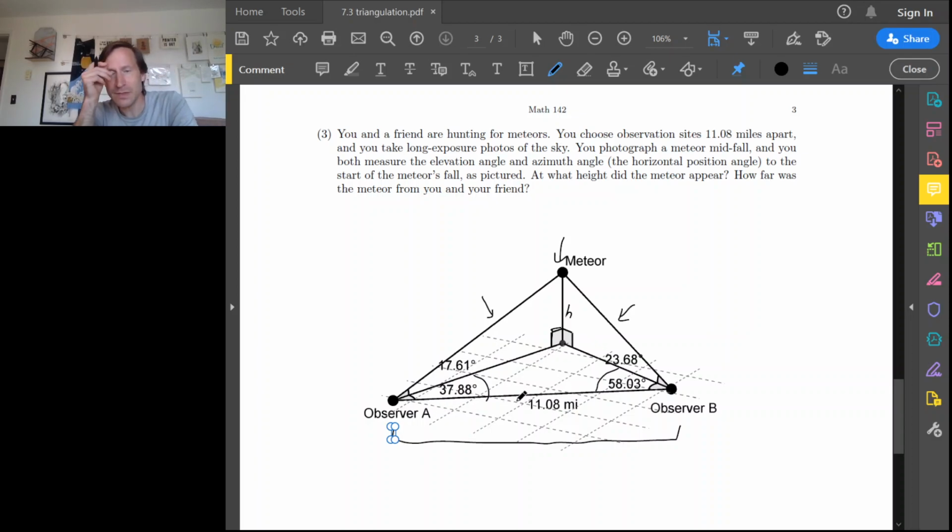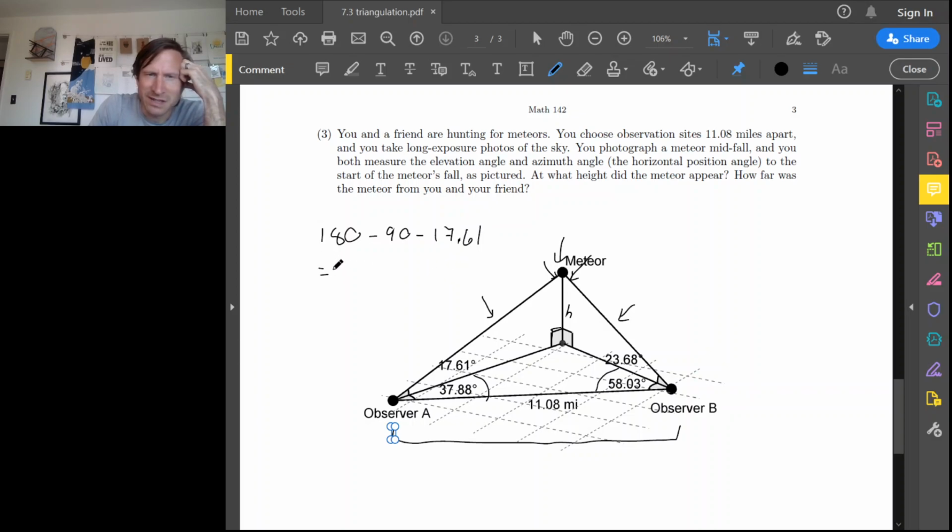Okay, so if you look at the vertical triangles, for each of them we know 2 angles. We know a right angle and then one of the other 2 angles. So that's going to be enough to figure out these top angles here. On the one on the left, that's 180 minus 90 minus 17.61.